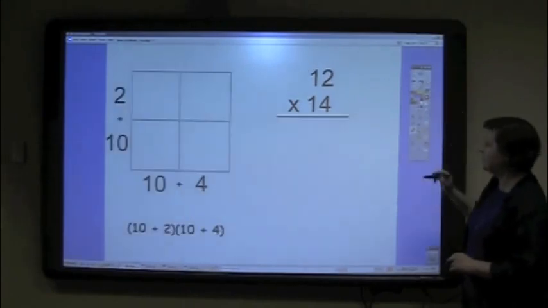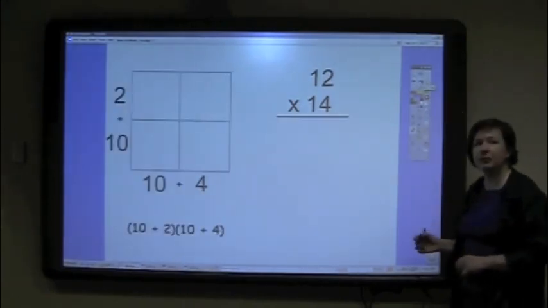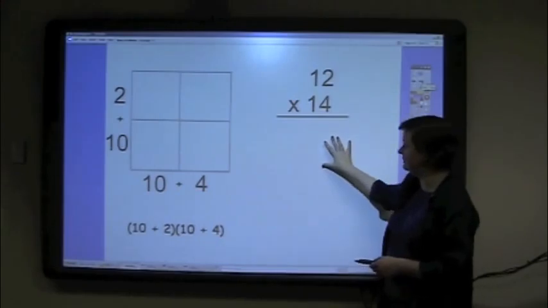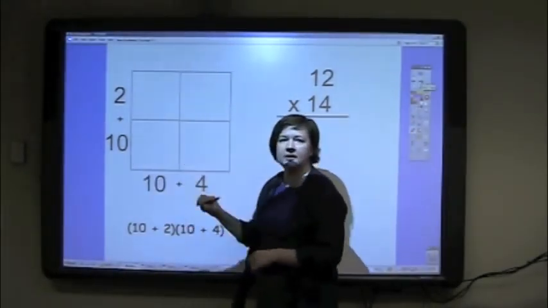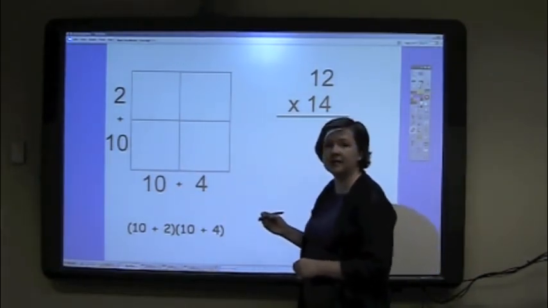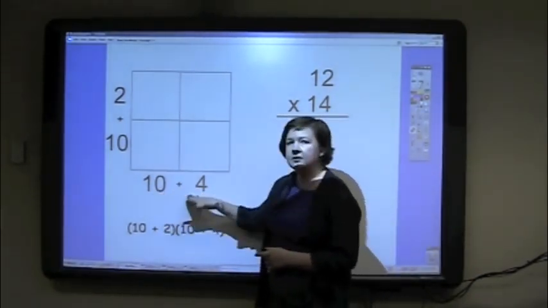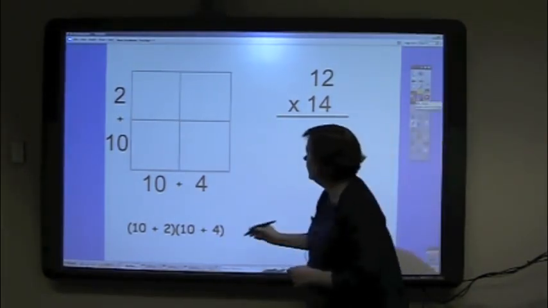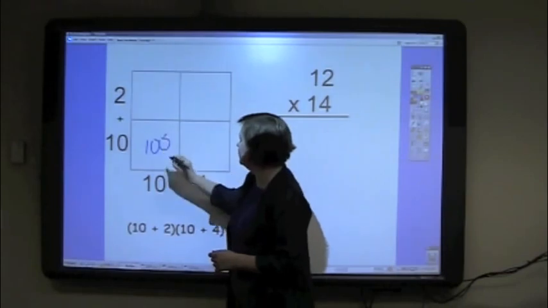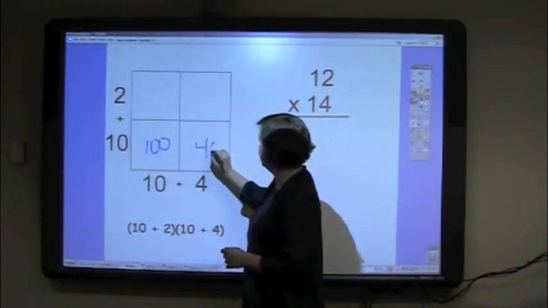And so if I turn the page, I see different representations of the same problem. Here I have the same 10 plus 4, 10 plus 2 rectangle that I built with my base 10 blocks, but this time I just used expanded notation. So again, I grab my pen. 10 times 10, that's 100. 10 times 4 is 40.